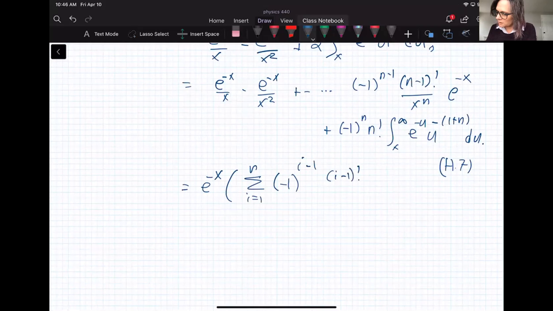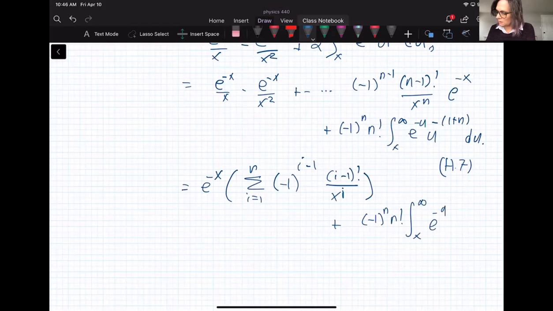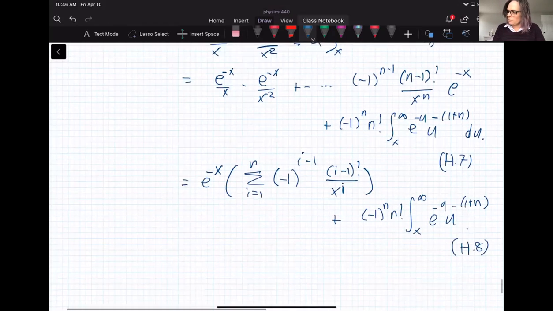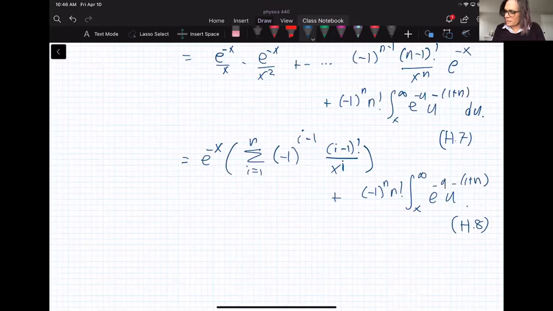Plus this integral from x to infinity of e to the minus u, u to the minus 1 plus n du. Okay. The reason why this is important is that you can show this is divergent.